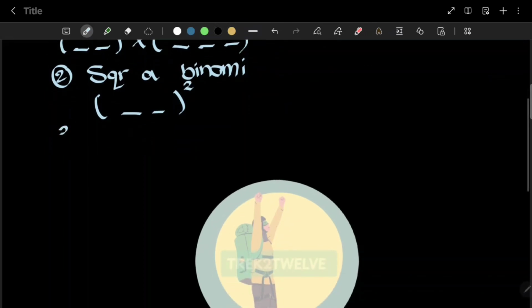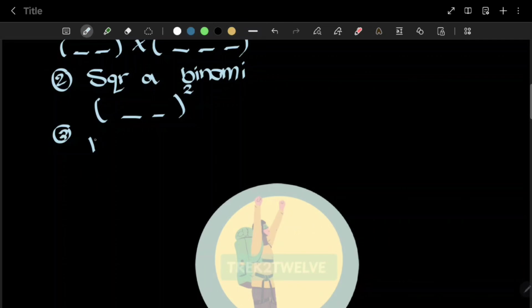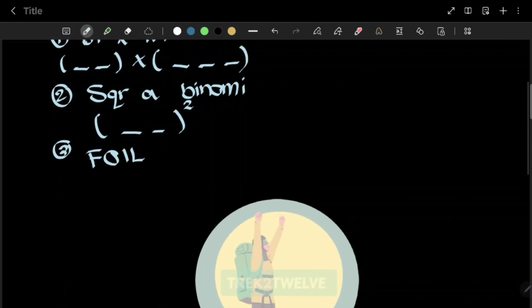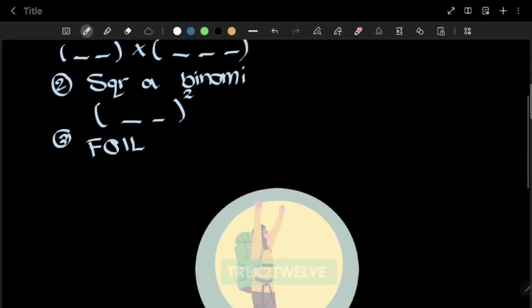The third type is what we all know, FOIL. And the last is the distributive law.